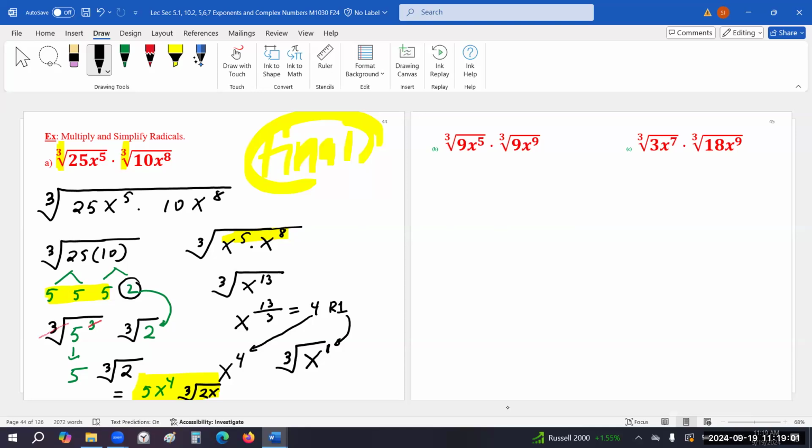And for some reason, they actually like cube root. I don't know why. So you have cube root of everything. But the rule applies for any type of root, square root, fourth root, fifth root, sixth root, it doesn't matter. The rules are the same.